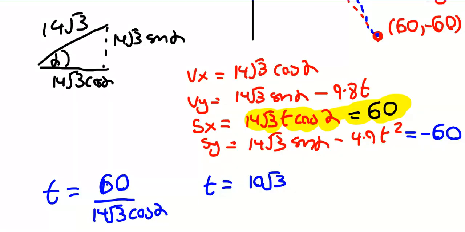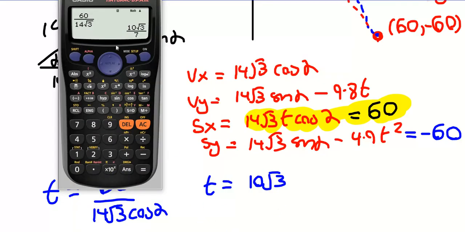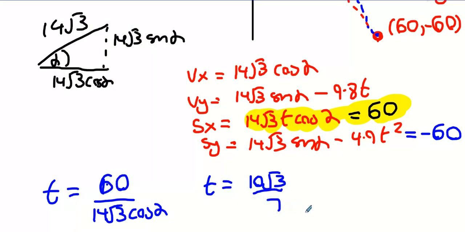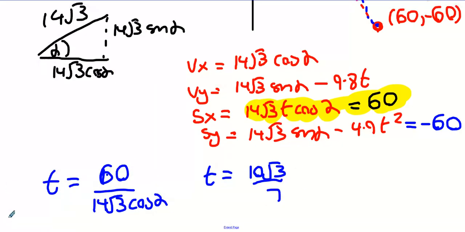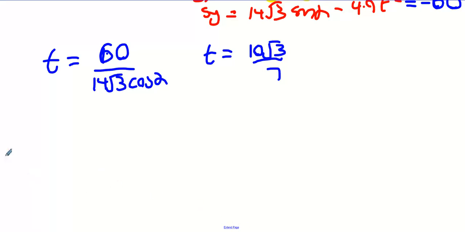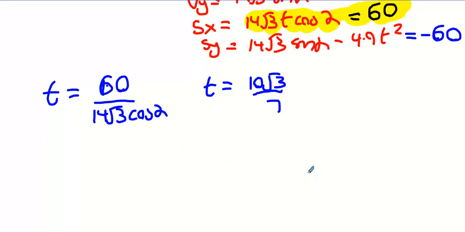Now, we have 10 root 3 all over 7. All right, we're going to insert that into the Sy formula. And for Sy, what we're going to get is Sy equals 14 root 3.